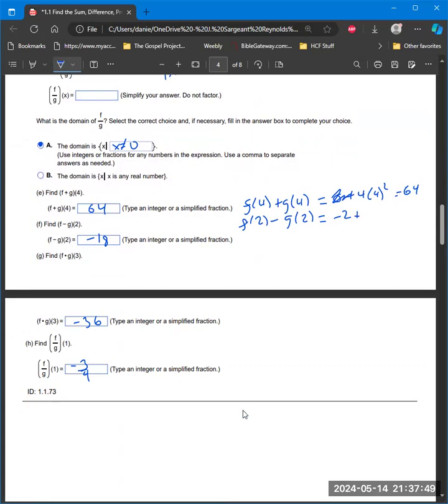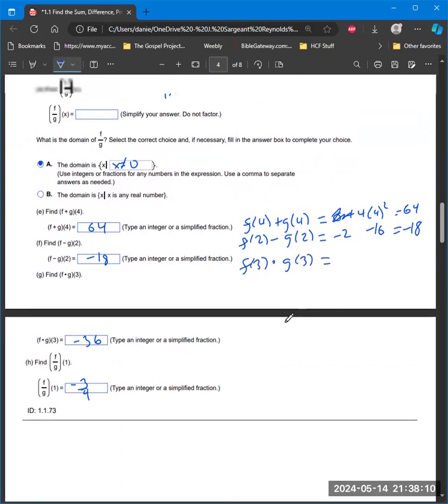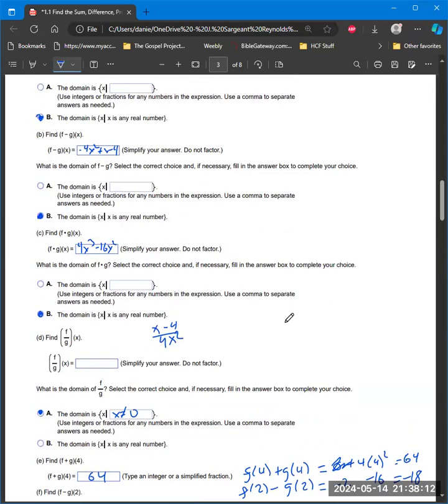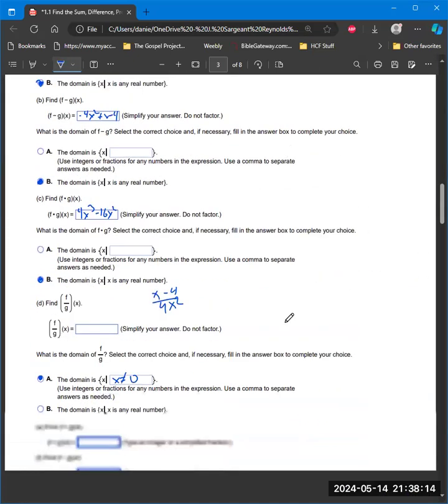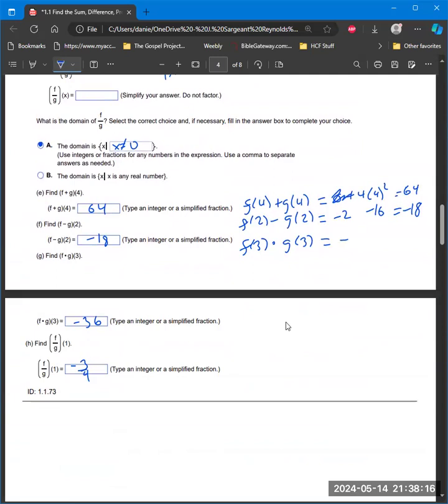That's negative 2 minus 16, that's negative 18. Here we go. And then f of 3 times g of 3: f of 3 was negative 1, g of 3 was 36.